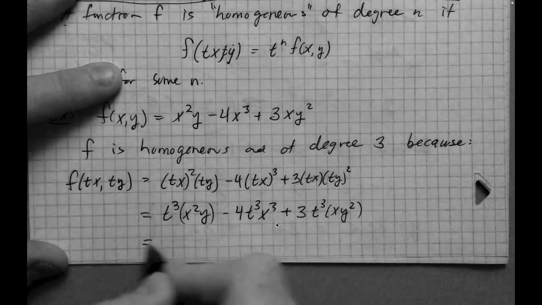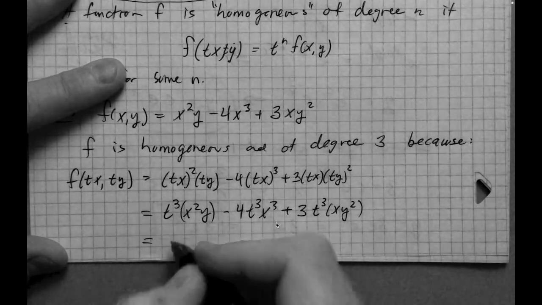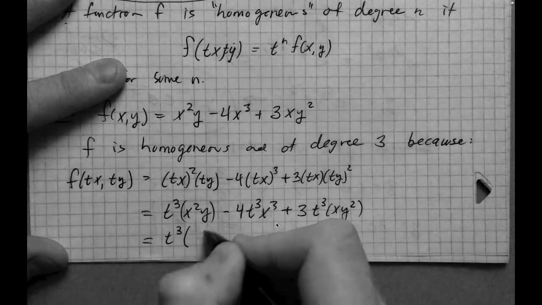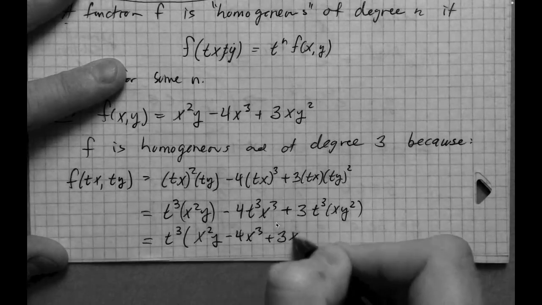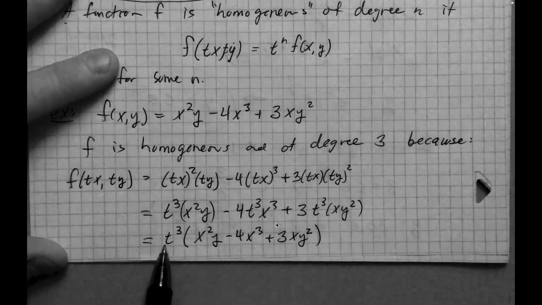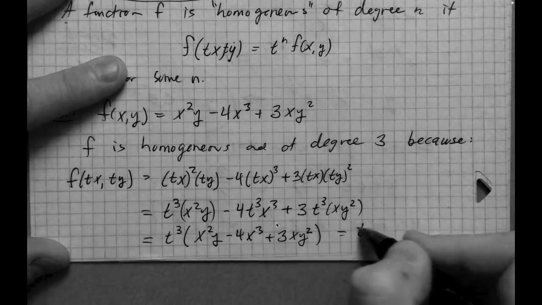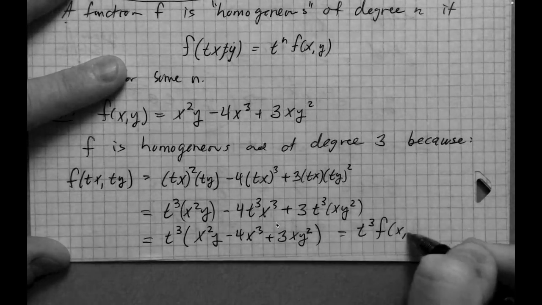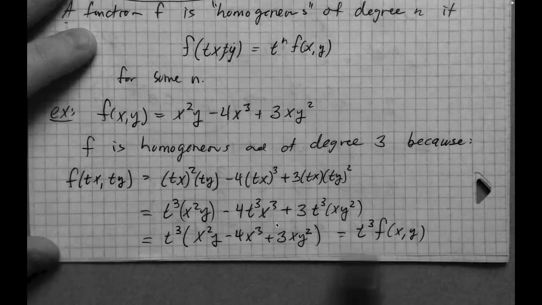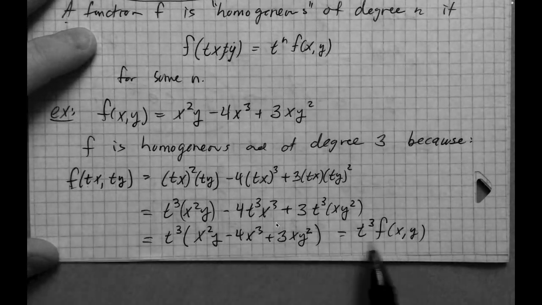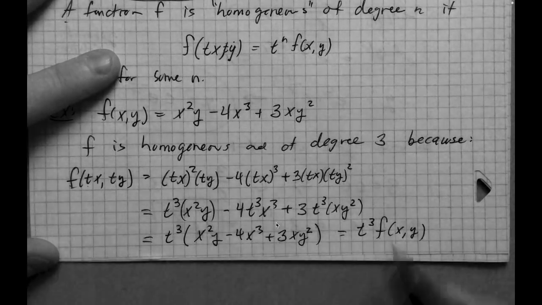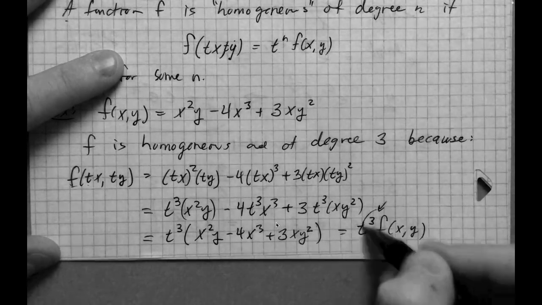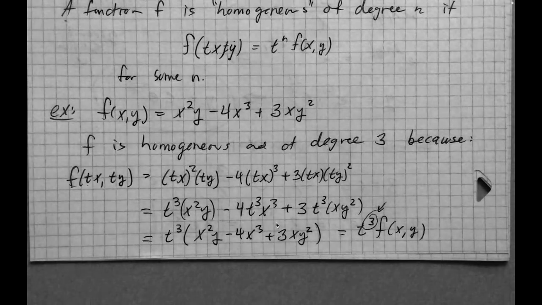The whole thing can be written by factoring a t cubed out of each term, and you get x squared y minus 4x cubed plus 3xy squared, which is t cubed times f of x, y. So f of tx, ty is equal to t cubed f of x, y, and so this is homogeneous because of that property, and it's of degree 3 specifically because of the t cubed you see up front.